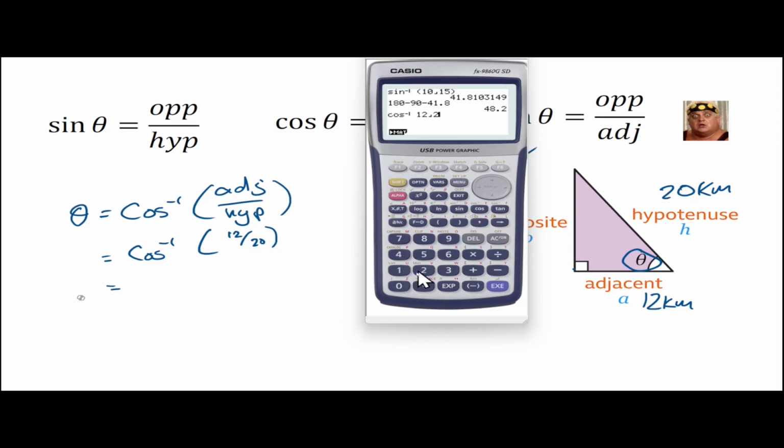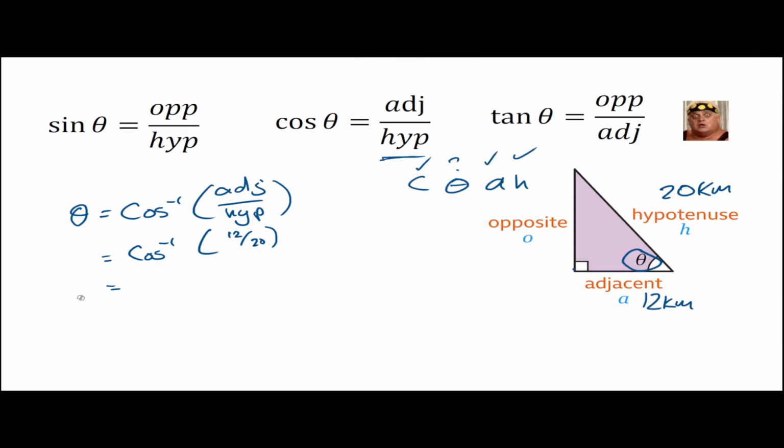I know you can simplify this as 6 over 10, 3 over 5, but let's just go 12 over 20. 53.13 degrees. Two decimal places from now on, let's say.